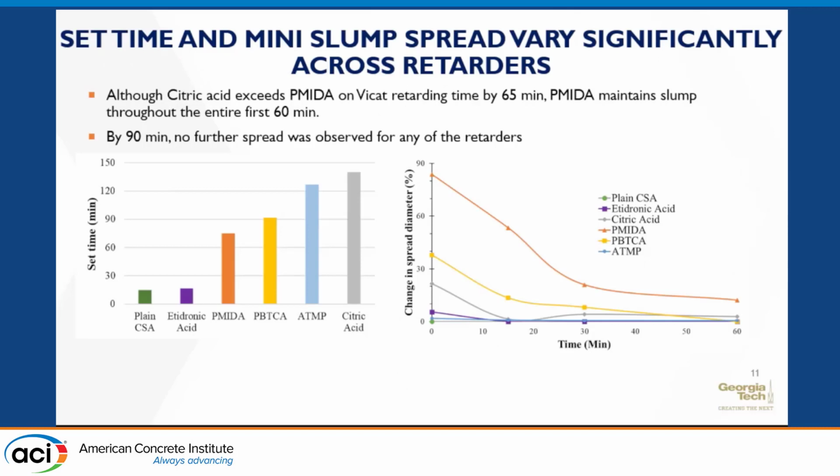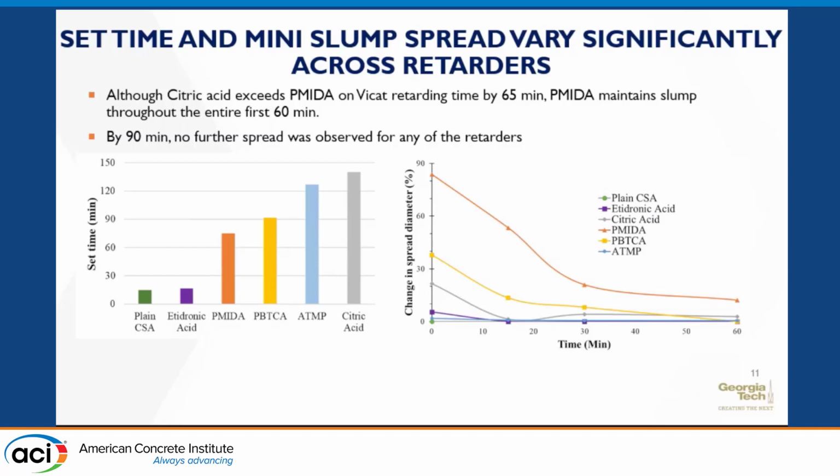We did set time and mini-slump experiments. In the figure on the left, you see set time results with different retarders. Citric acid led to the highest set time, which was maybe not very surprising.